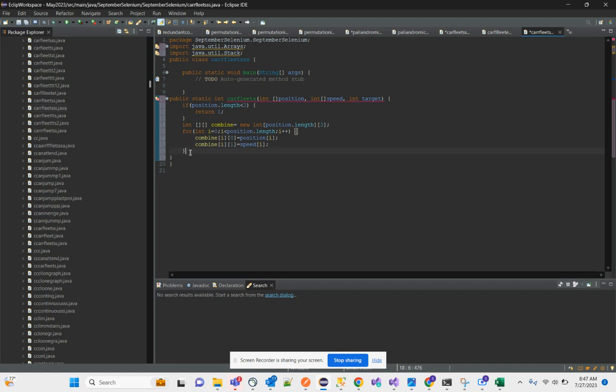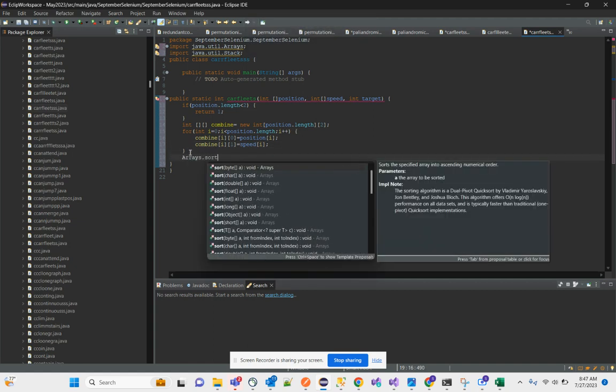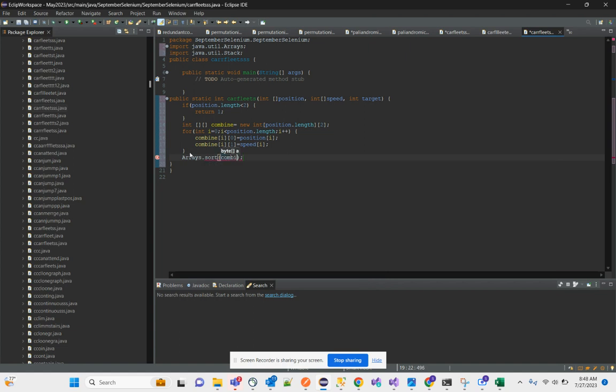Once this is done, I am going to say Arrays dot sort combine. So I think time complexity will be O of n log n because we are doing a sorting, so it's not going to be O of n.